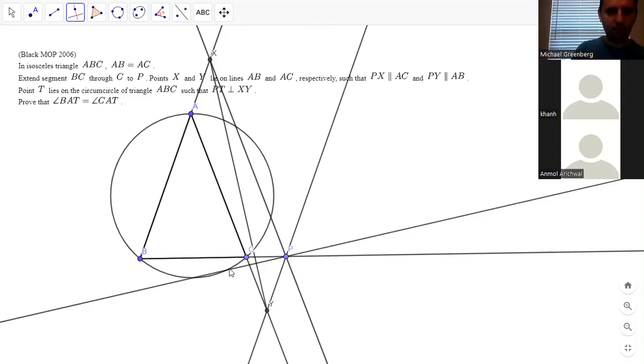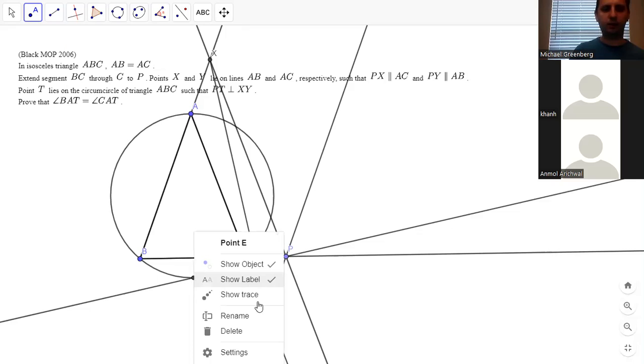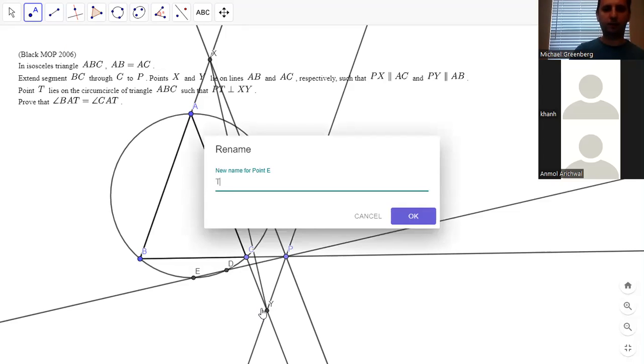Yeah, so I think this is a diameter, AE, and so BAT equals CAT. Yeah, I did this on my channel before. And I think it's easy to do. So yeah, I'm not even going to write it out, I don't think.